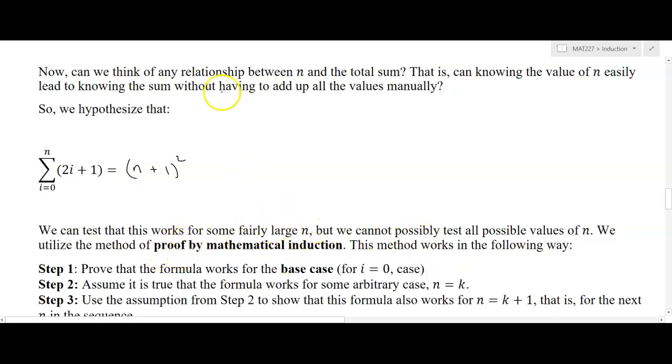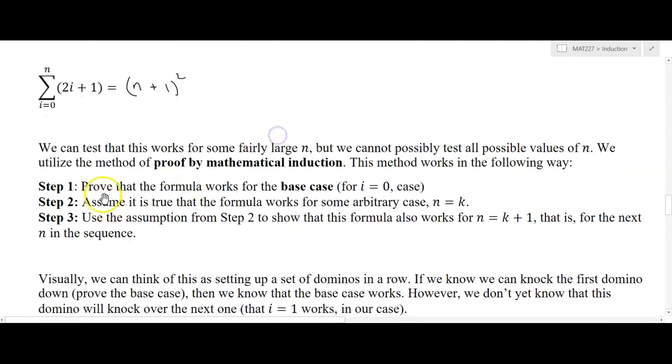This method works in the same way that we did the checkerboard tiling. First of all, you have to start somewhere and show that it works for some initial case. In our case, we showed that the base case was the 2 by 2, the 2 to the first by 2 to the first.